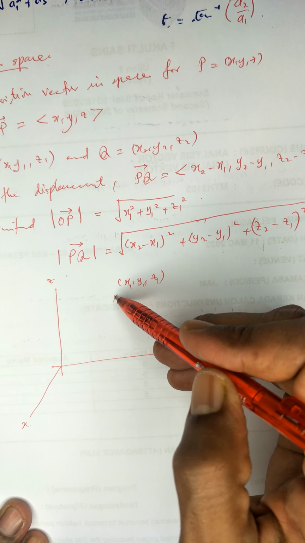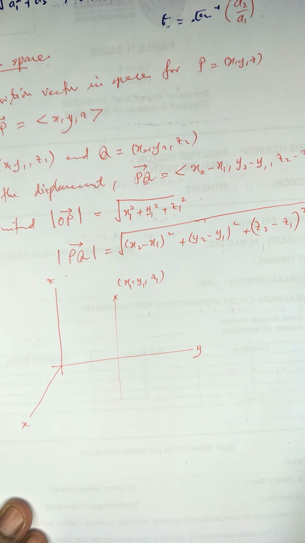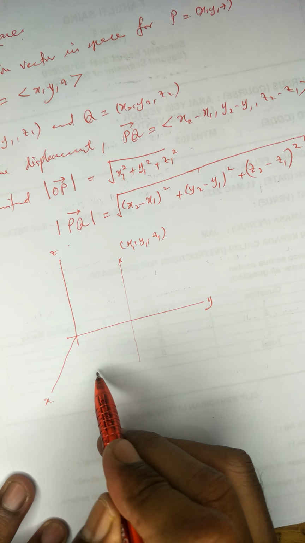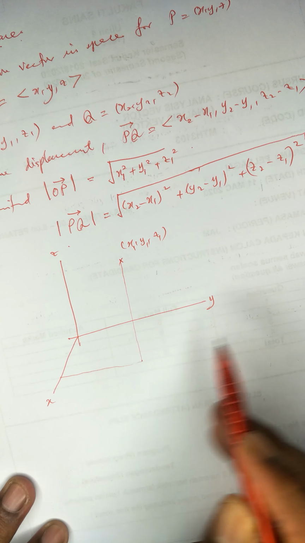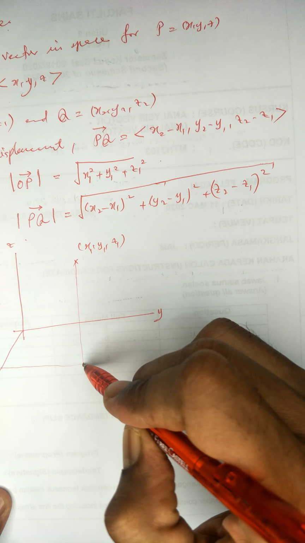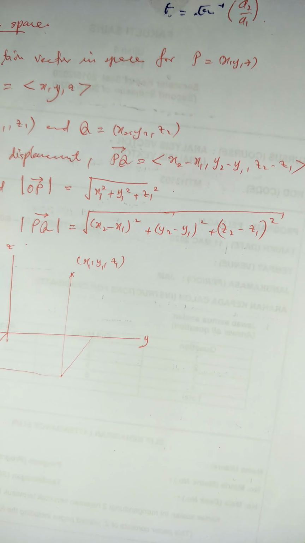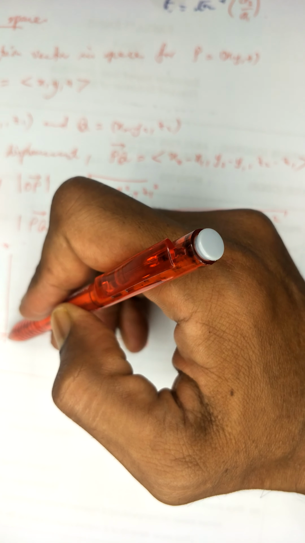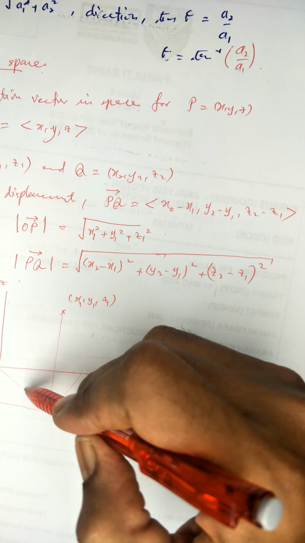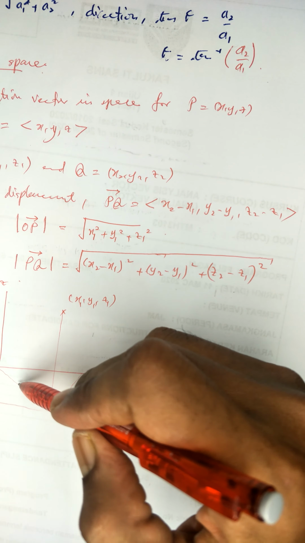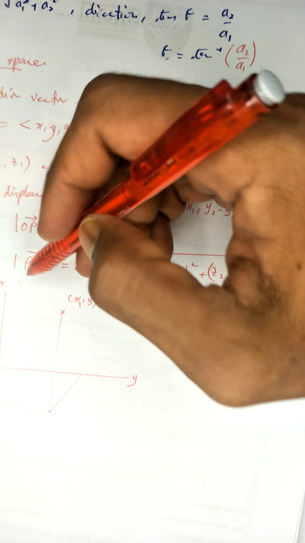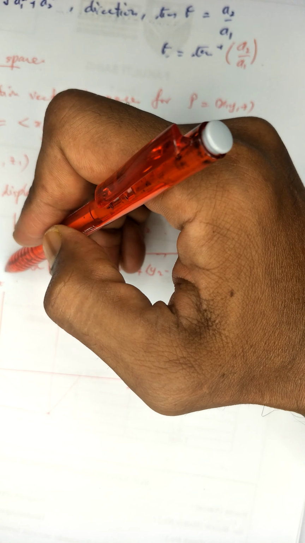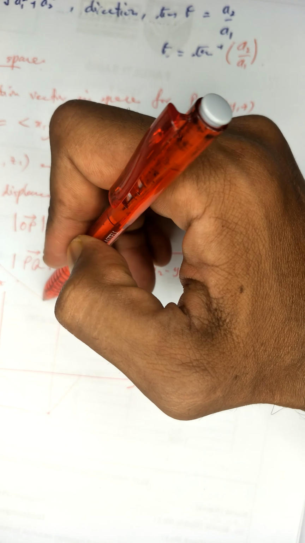How do you sketch this? You just make a box. For z, you take a line parallel to that line, more or less there. This is our z-axis.